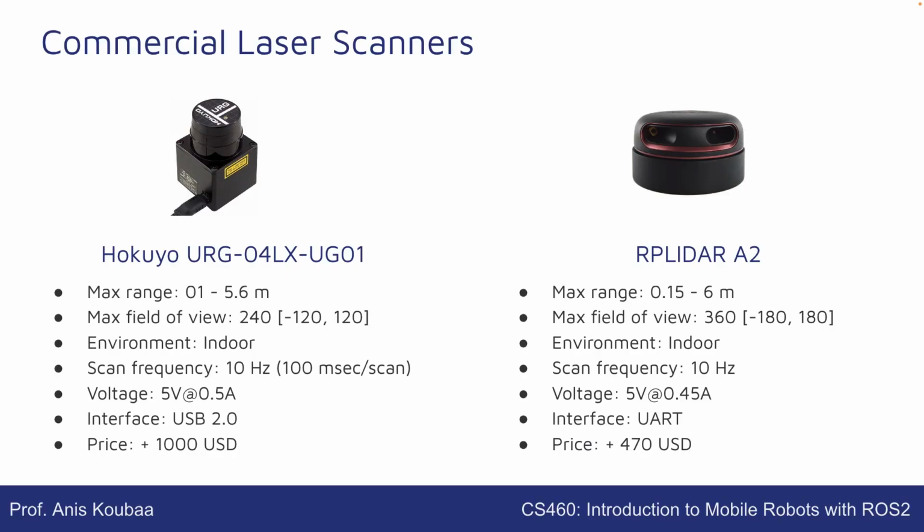There are different types of commercially available laser scanners. For example, this one is the Hokuyo URG-04LX, and it is characterized by a range between 0.1 meter, a centimeter, and 5 meters, and a maximum field of view of 240 degrees, between minus 120 and 120 degrees.